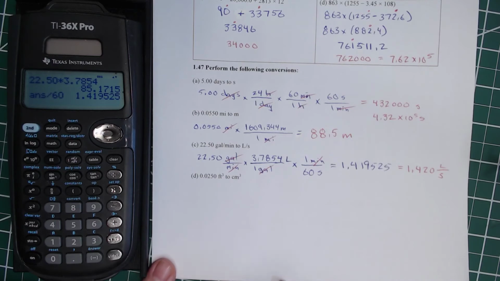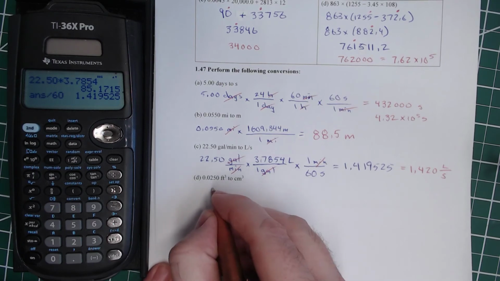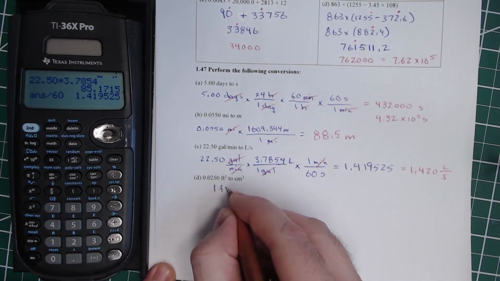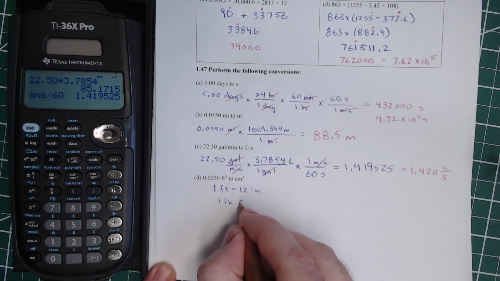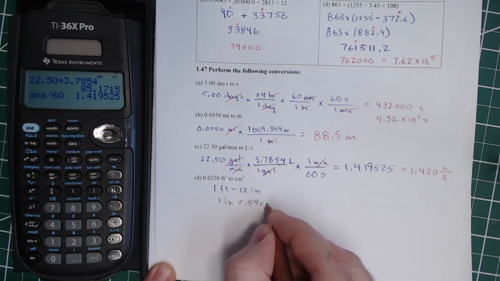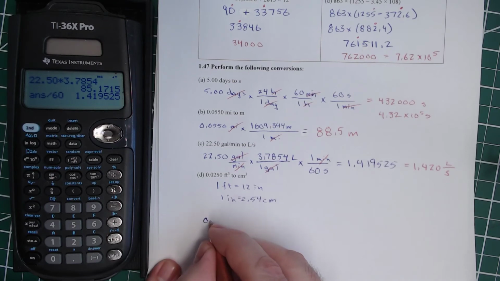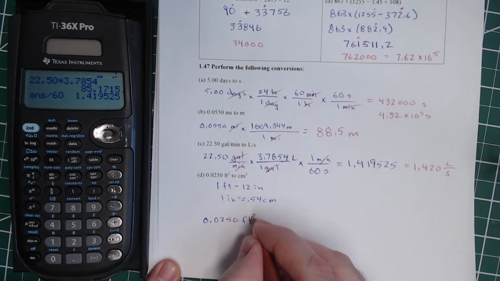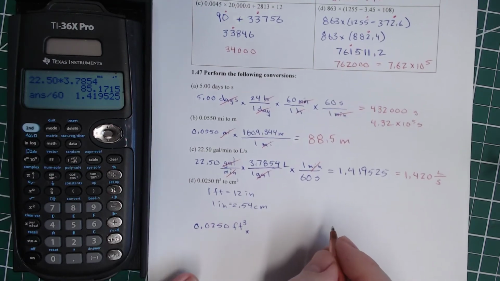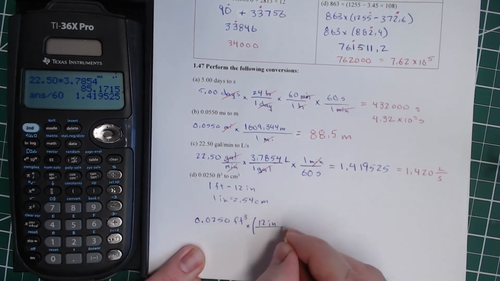All right. Next, we've got cubic feet to cubic centimeters. And we know that 1 foot is equal to 12 inches, and that 1 inch is 2.54 centimeters. And with those two conversions, we can do this problem. So 0.0250 feet cubed. All right. So let's convert to cubic inches next. So we'll have 12 inches over 1 foot.